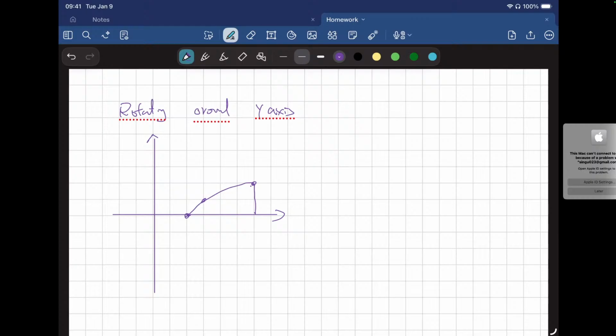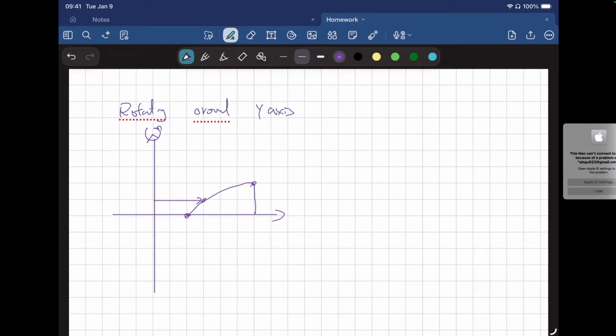Okay. So if I'm rotating around the y-axis, I must draw this notation mark to help me later. I'm going to draw from the axis of rotation to the function. So here is one line. Do you see that as one line?